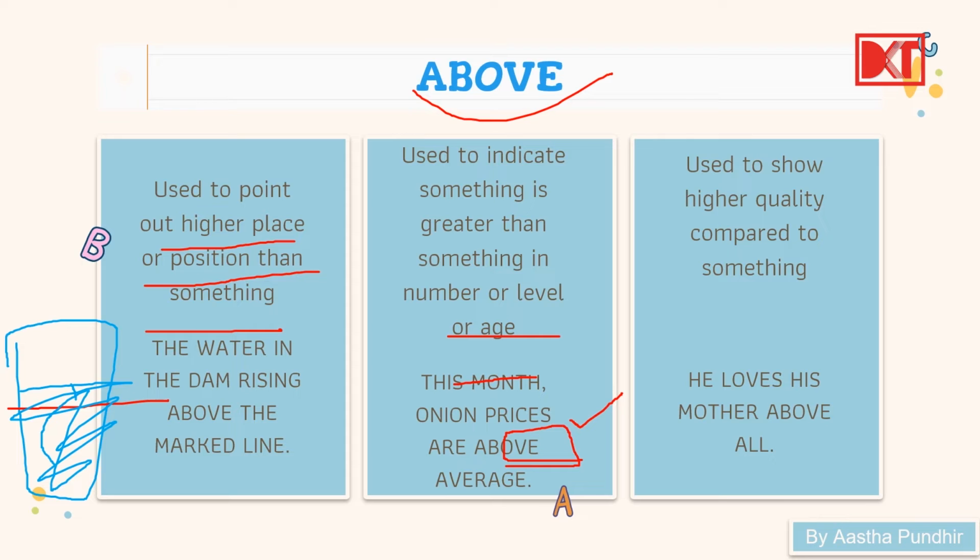Other usage could be higher quality compared to something. For example, he loves his mother above all. सबसे ज़्यादा he loves his mother. So these are the examples where you can use above. Let's move on to the next preposition.